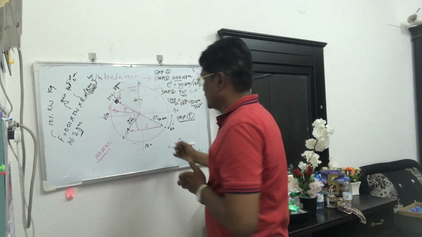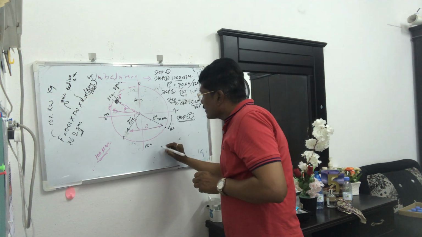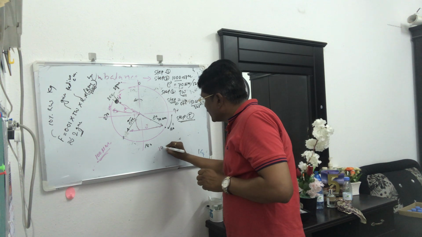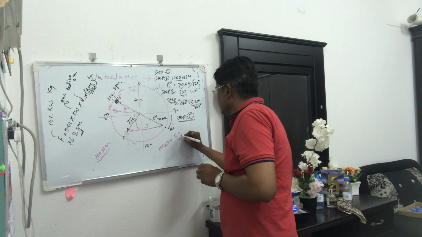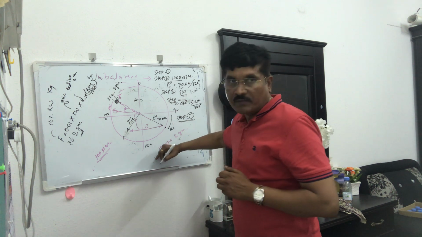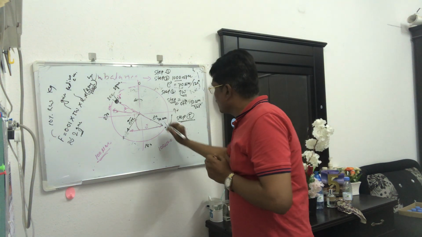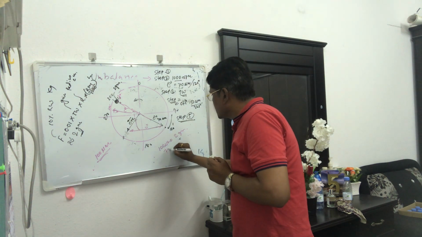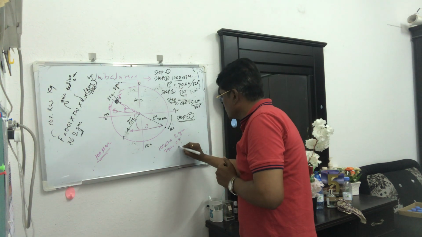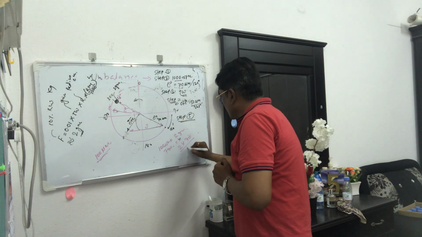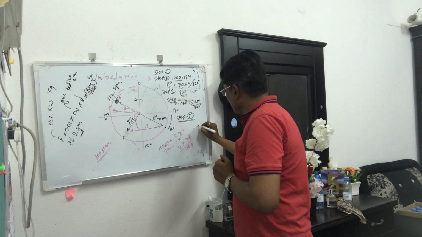Now just do the cross multiplication. 100 micron of vibration corresponds to 2 gram of weight. So for 70 microns, how much? 2 multiplied by 70 divided by 100. So it will come to about 1.4 gram.